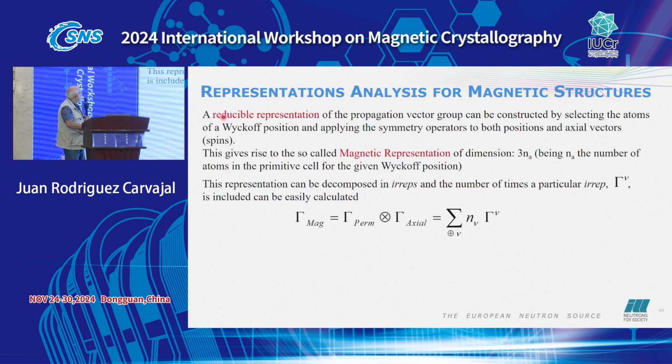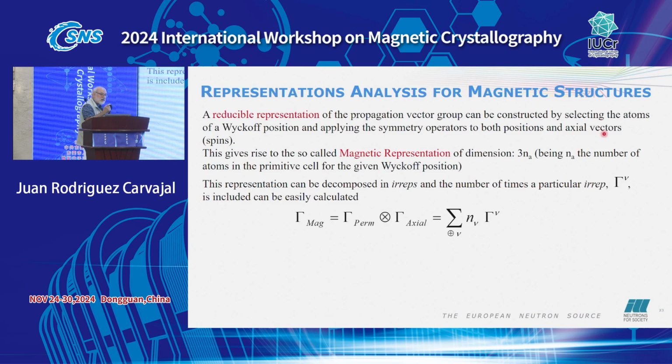For example, we can construct a reduced representation of the propagation vector group by selecting, in the case of a magnetic structure, the atoms of a particular Wyckoff position in the space group and applying the symmetry operators to both positions and axial vectors, for the case of magnetism.